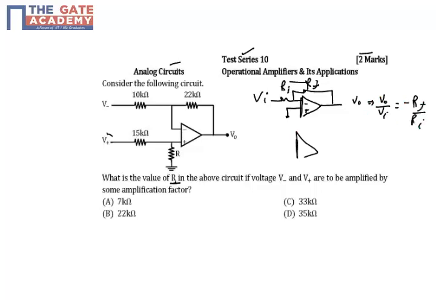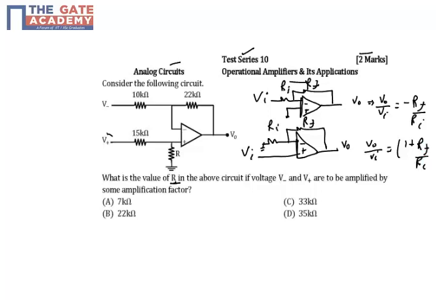Now if I have my system such that I still have a negative feedback RF by Ri, but this time the input is directly applied to the non-inverting terminal, then my gain is the closed loop gain, 1 plus RF by Ri. This is known as the non-inverting amplification gain, and this is known as the inverting amplification gain.